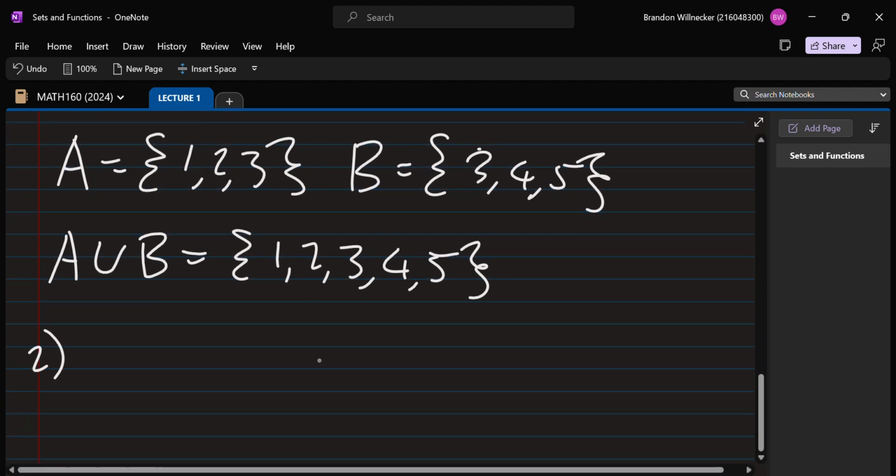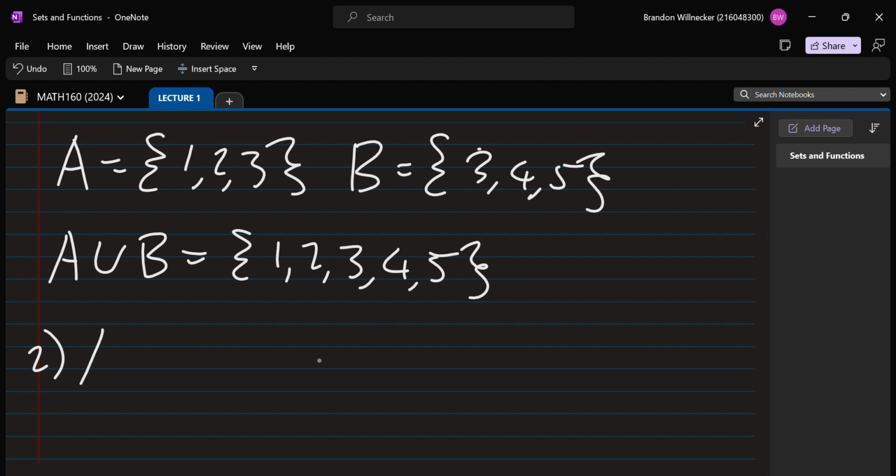Number 2 is the intersection between sets. That is A, and then it's similar to the U, just upside down, so it's like this. A intersect B. If you think of your Venn diagrams from grade 12, the intersection is your common place between the two sets.